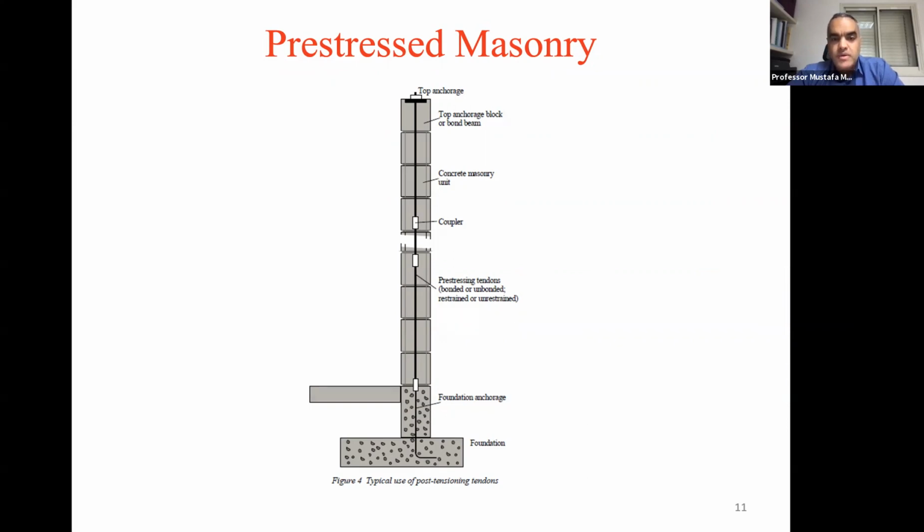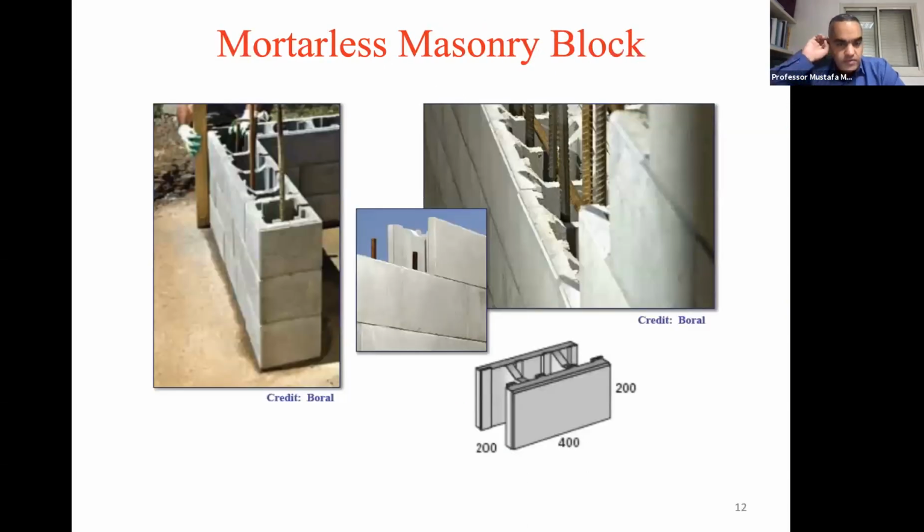Okay, so we apply the post-tension force from the top, and that will of course apply compressive force into the masonry. Okay, tension in the tendon, compression in the masonry, that will give us more capacity in the concrete block, and can support more loads in bending, and of course combined bending and axial loads.